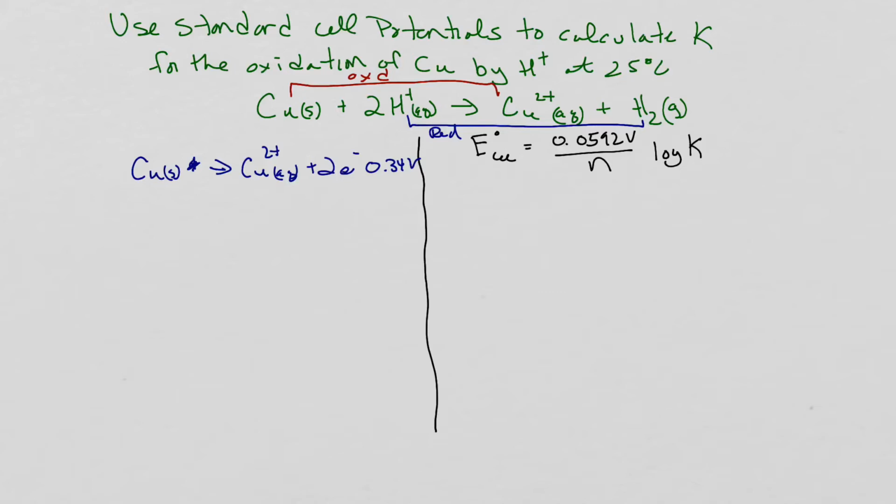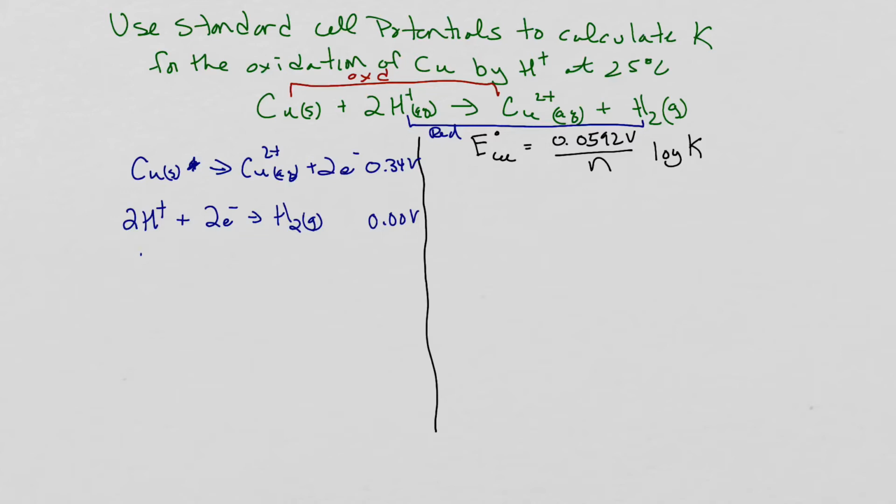And we have our reduction, which is 2H plus plus 2 electrons goes to H2 gas. And we have a cell potential here of 0. Remember, this is the standard hydrogen electrode, the basis of our table, so it has a reduction potential of 0.